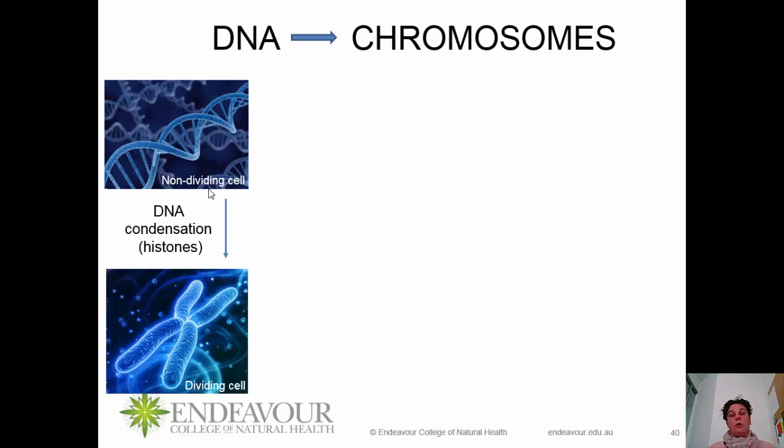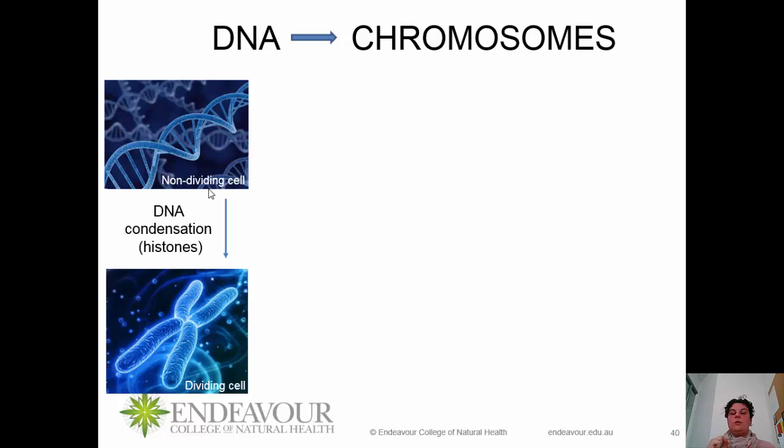However, it poses a problem when you need to divide into two. So what the cell has done is taken this 1.8 meters of messy DNA and condensed it into something called a chromosome.